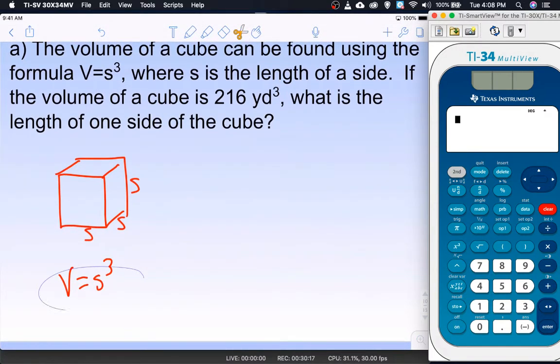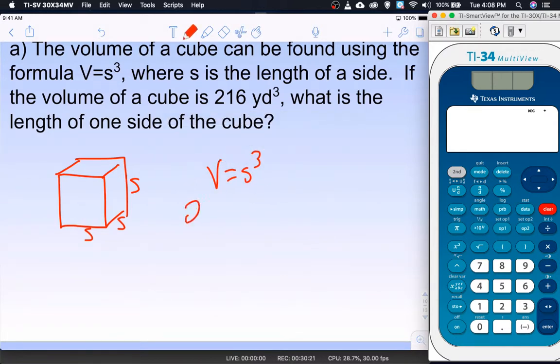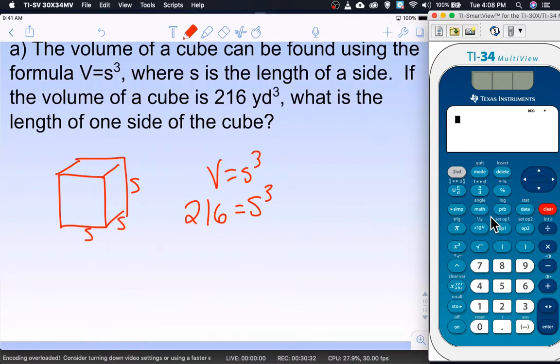Oh, okay, so I'm going to take my formula and move it over here. It's telling me if my volume is 216, what is the length of the side of this cube? Basically, what is S? How big is each side? So problem solving. There's multiple ways of going through this problem.